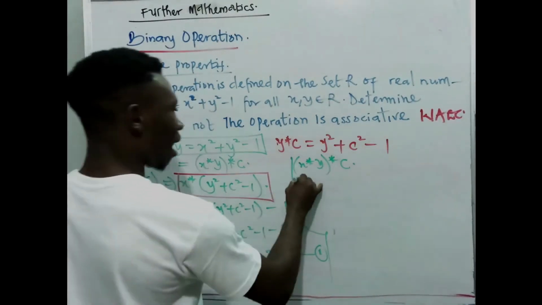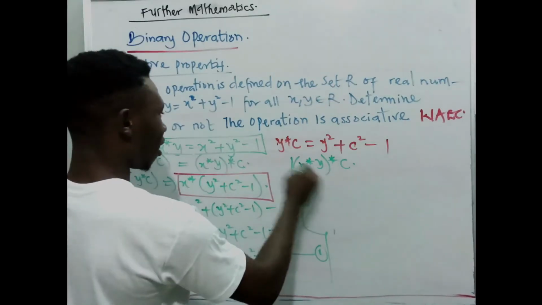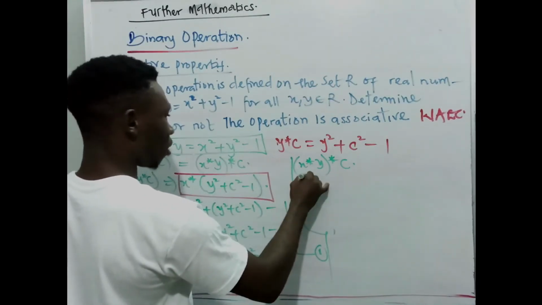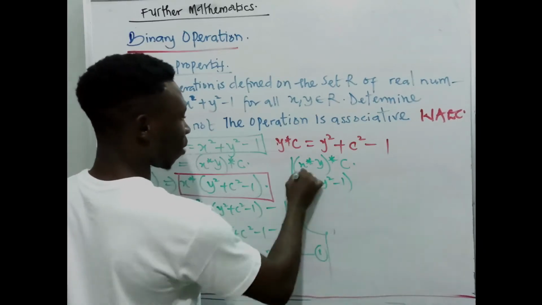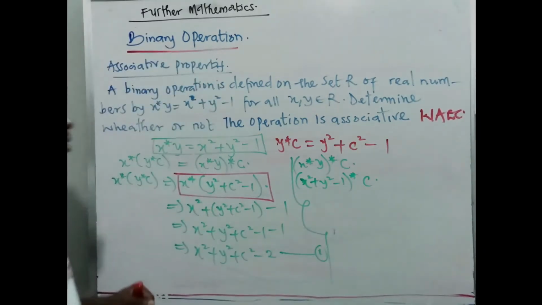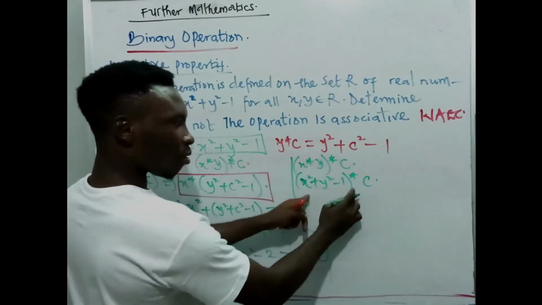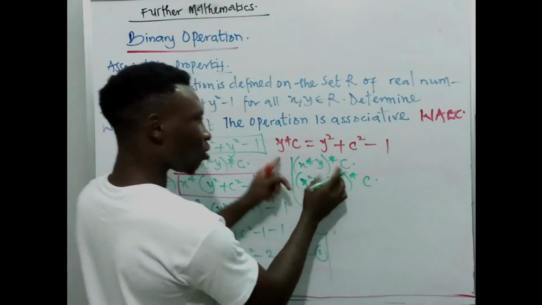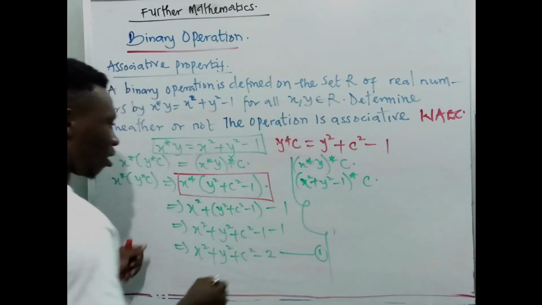Now, x asterisk y gives me this expression, which is x squared plus y squared minus 1, asterisk c. Now this one asterisk c, we're going to put directly into this particular expression.